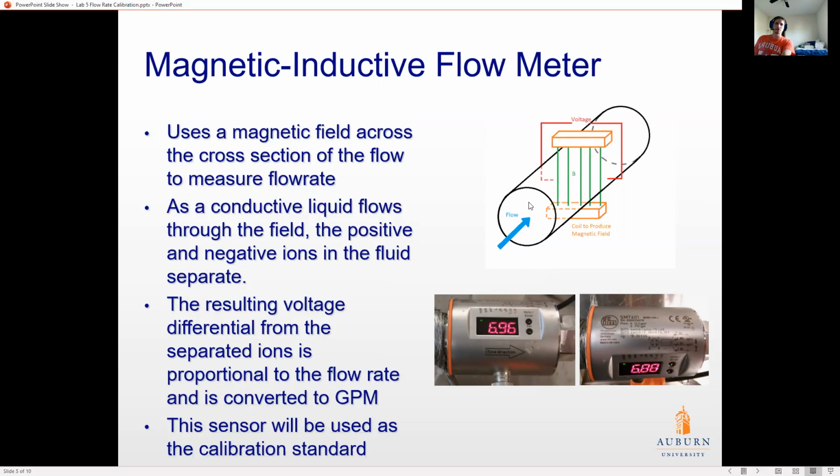So your flow has positive and negative ions in it because it's not pure water. If it was pure distilled water, it wouldn't have any ions in it, but it's got ions in it. So that flow has positive and negative charges in it. So they're moving at the velocity that the water is flowing through that pipe.